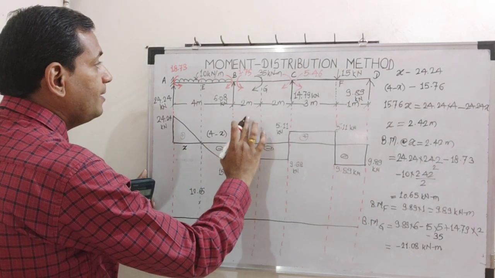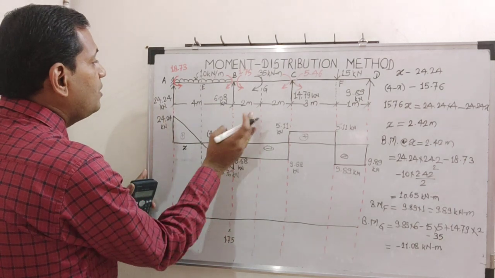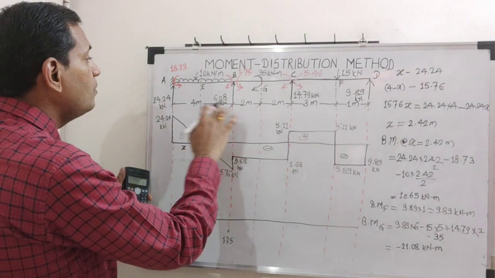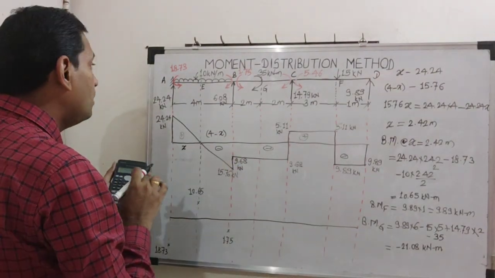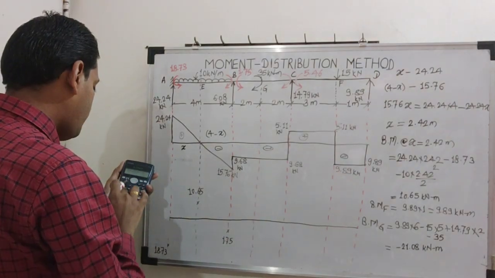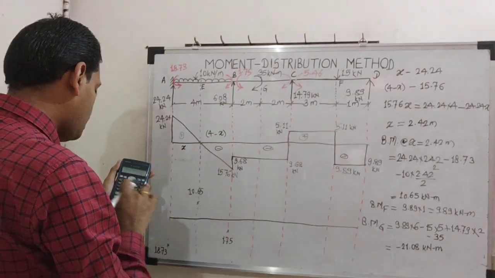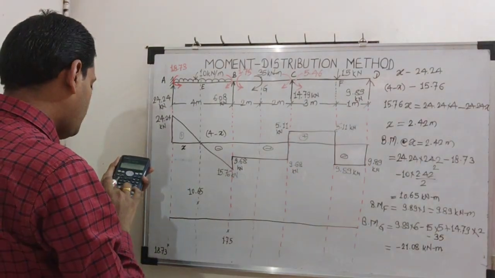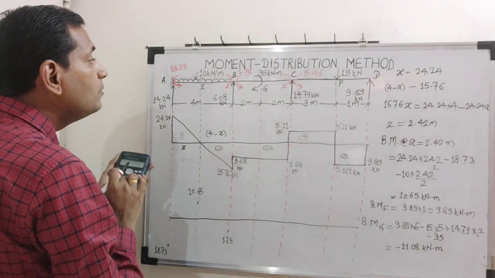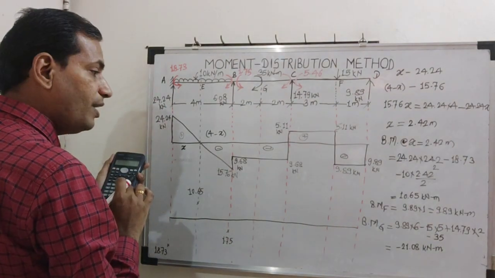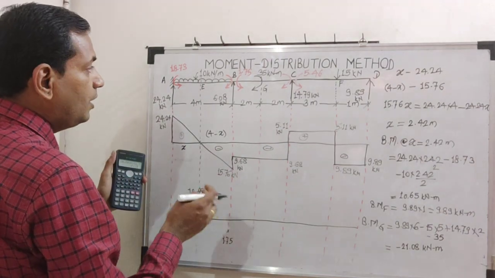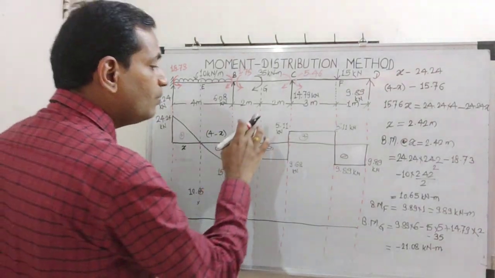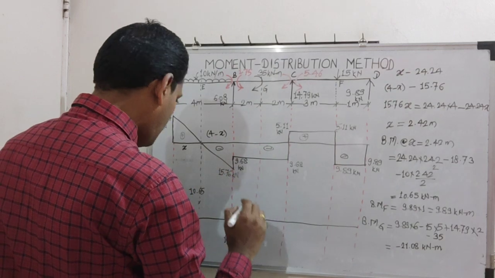Then here, yes, if I consider this left hand side, I will get the value 24.24 into 6 minus 18.73 minus 10 into 4 into 4 plus 6.08 into 2, so minus 21.13 if it is on the left hand side of G. Okay.